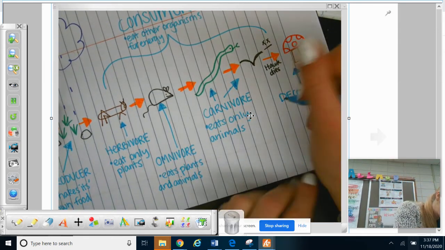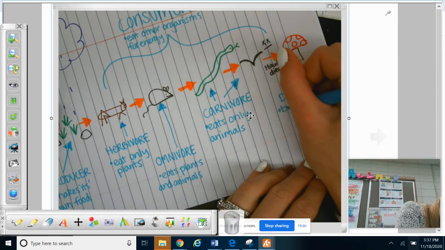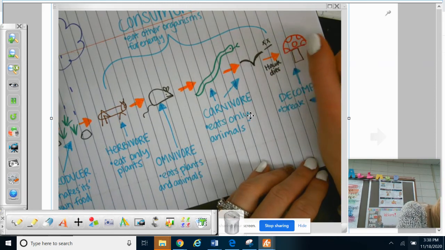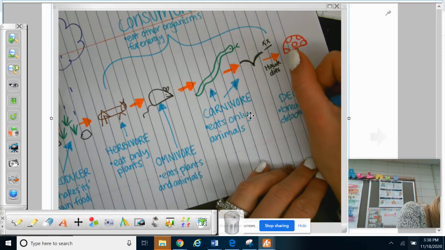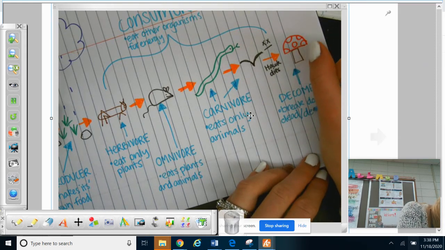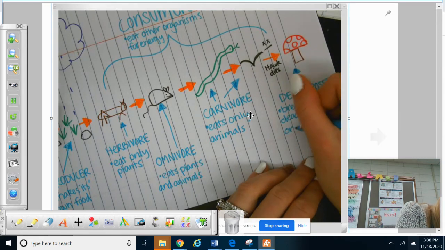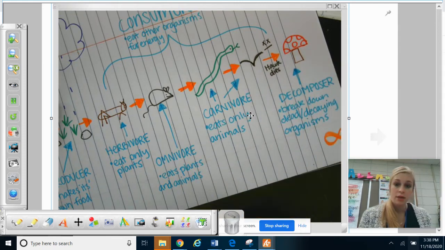Decomposers break down dead or decaying organisms.